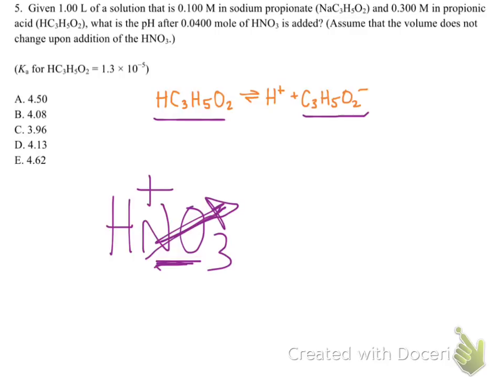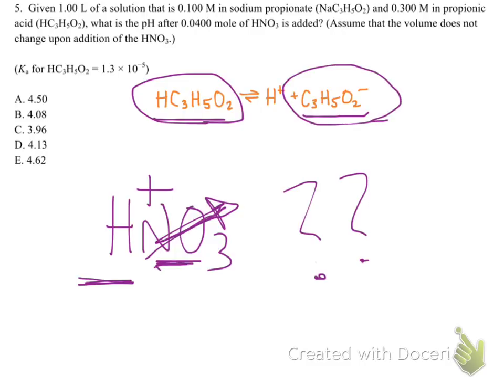Whenever we do a titration, we need to ask ourselves, what is the reaction going to be? H+, is it going to want to react with the acid component that already has a proton, or the basic component that would like to gain a proton? Well, it's going to be the basic component.